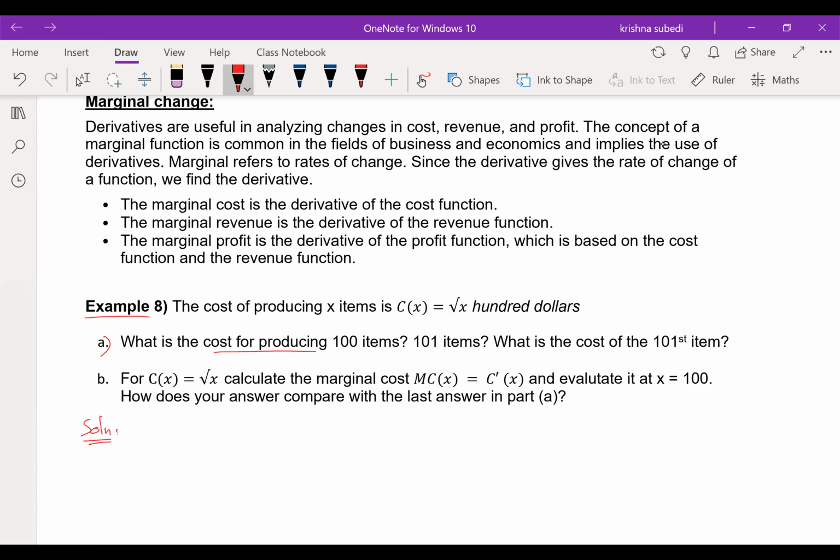So we are given the function C of x is square root x. So you can find C of 100 equals square root 100, which is 10. The unit is in $100.